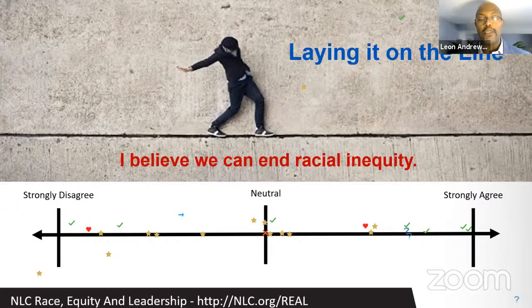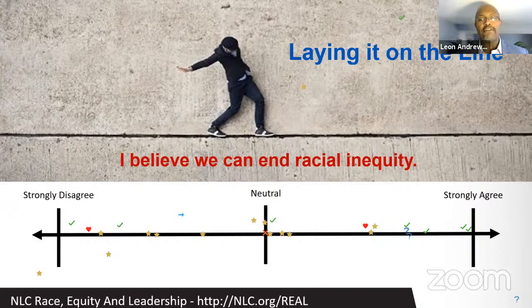And many times when we bring this statement up, depending on how you define the "we," if you define the "we" in a very big way, it might feel overwhelming, right? It might feel like, wow, that would be a lot to really end it. How can we end it if we're thinking about the whole country or a much larger group?